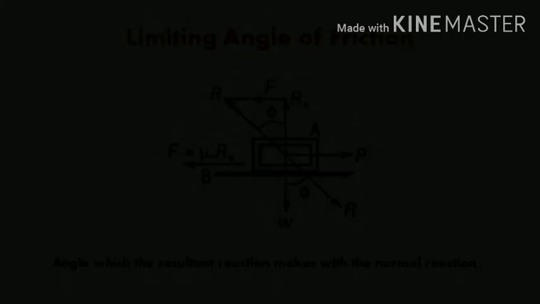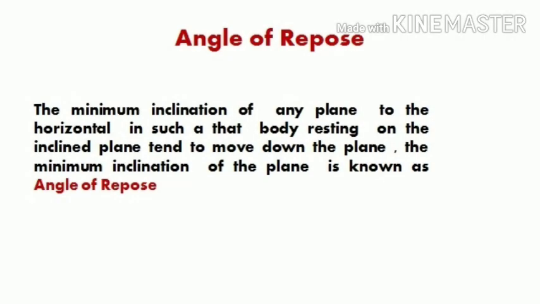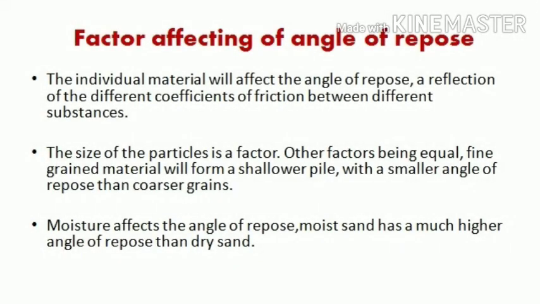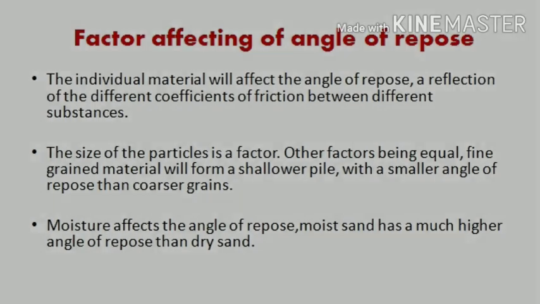Then the angle of repose is the minimum angle at which a body slides down. Here you can see that the angle theta is called the angle of repose, and there are many factors affecting the angle of repose, which we discussed earlier.